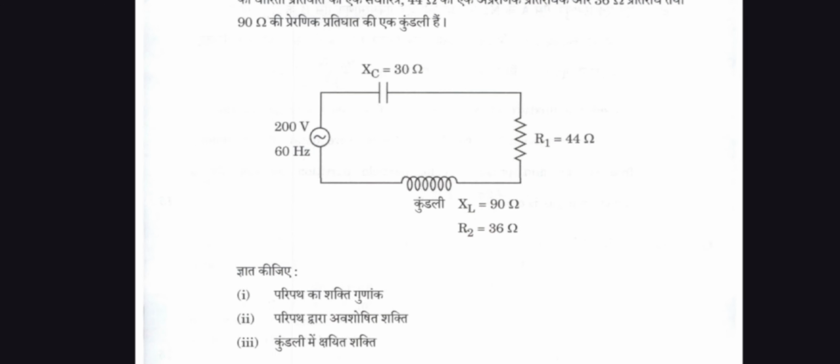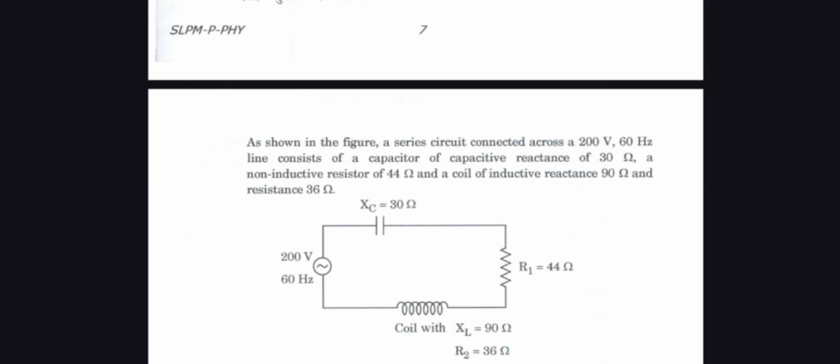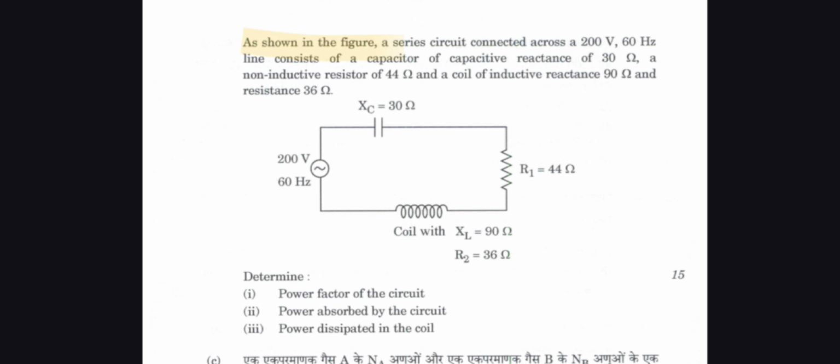And question number B is here. Diagram, look, you can see this. As shown in the figure, a series circuit connected across a 200 volt, 60 Hz line consists of a capacitor with reactance of 3 ohm, a non-inductive resistor of 44 ohm, and a coil with inductive reactance 19 ohms and resistance 36 ohm.